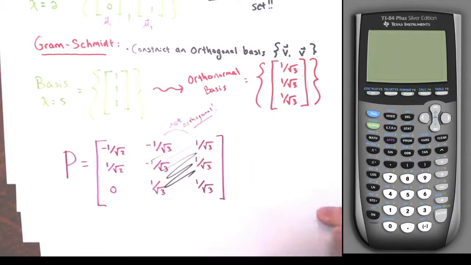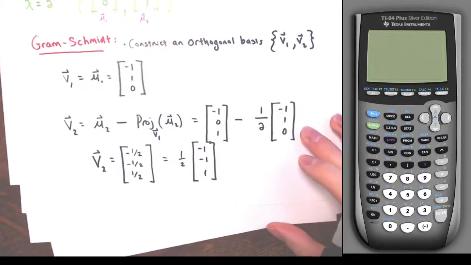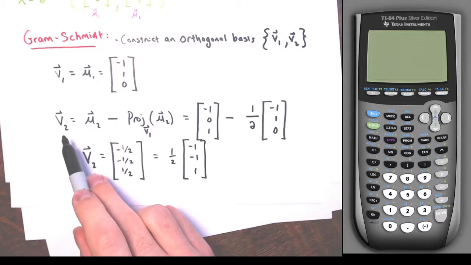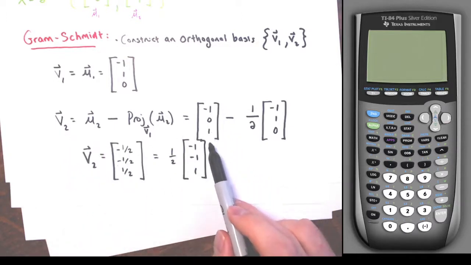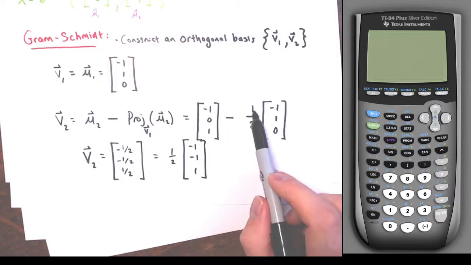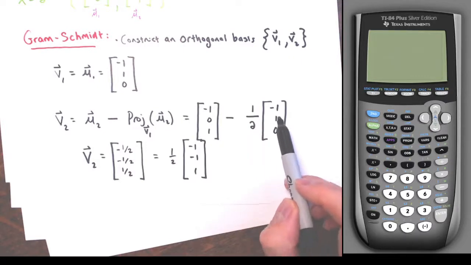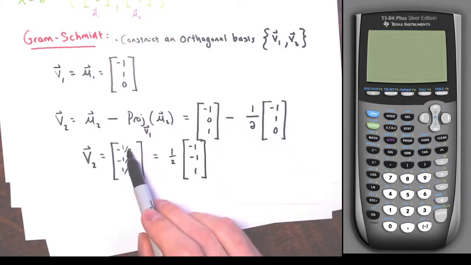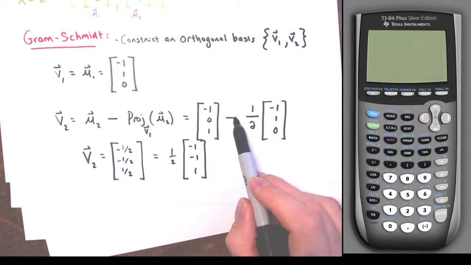Where my mistake was in the Gram-Schmidt process, and you may have caught it. Remember when I was constructing V2, I took U2, negative 1, 0, 1, minus 1/2 times V1. This was the dot product of U2 and V1 divided by the dot product of V1 and V1, times V1. I got negative 1 plus 1/2 is negative 1/2, 0 minus 1/2 is negative 1/2, and then 1 minus 0.